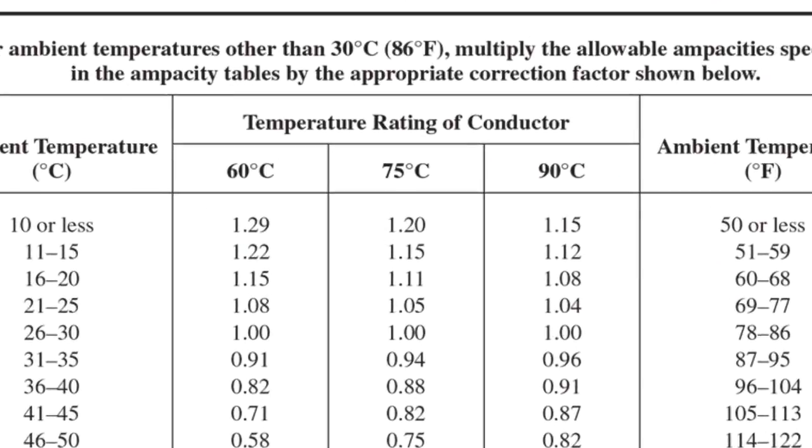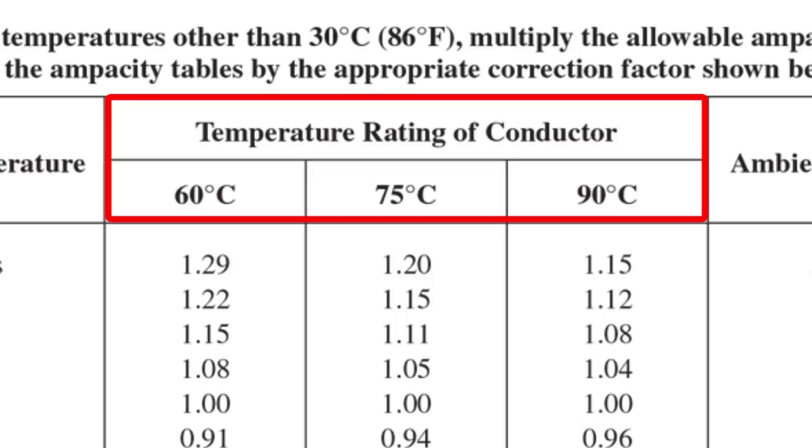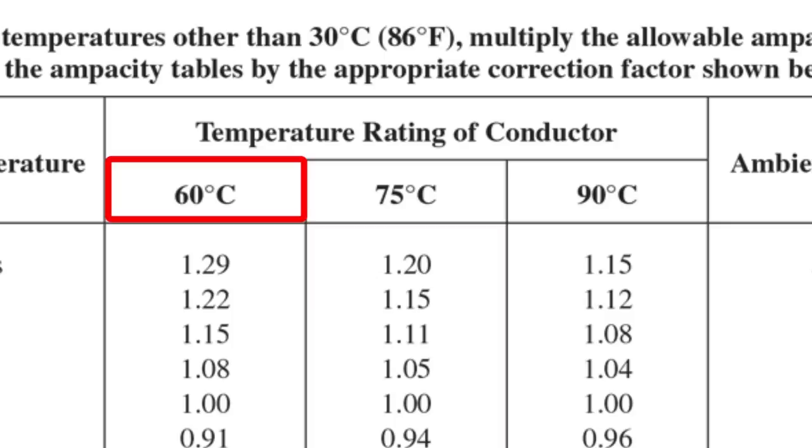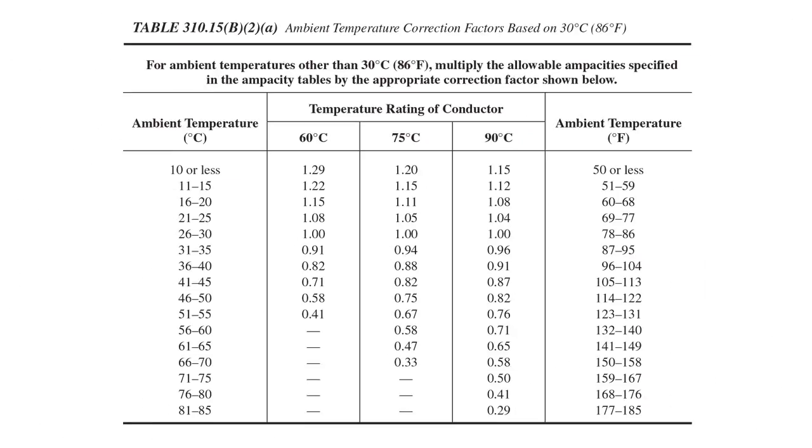And if you look, there's 3 different columns, so you need to know what insulation temperature you're going to use. And for example, if you had a 90, or let's pick 60 because that's probably more obtainable, a 60 degree ambient, a conductor that has a 60 degree insulation would essentially have 0 ampacity.